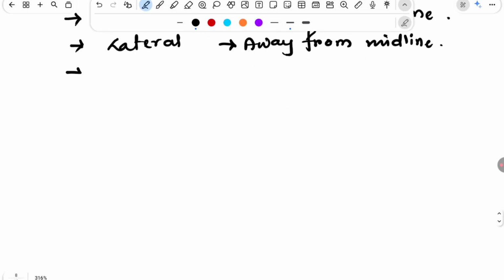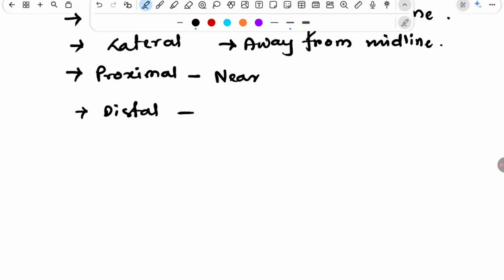Next is proximal. And the last one is distal. Proximal means near to origin, and distal means far from origin.